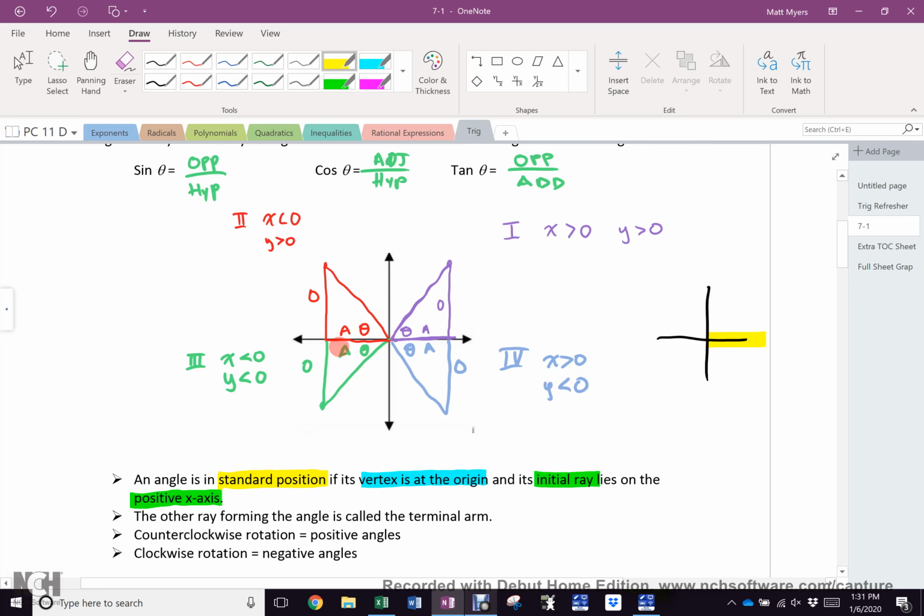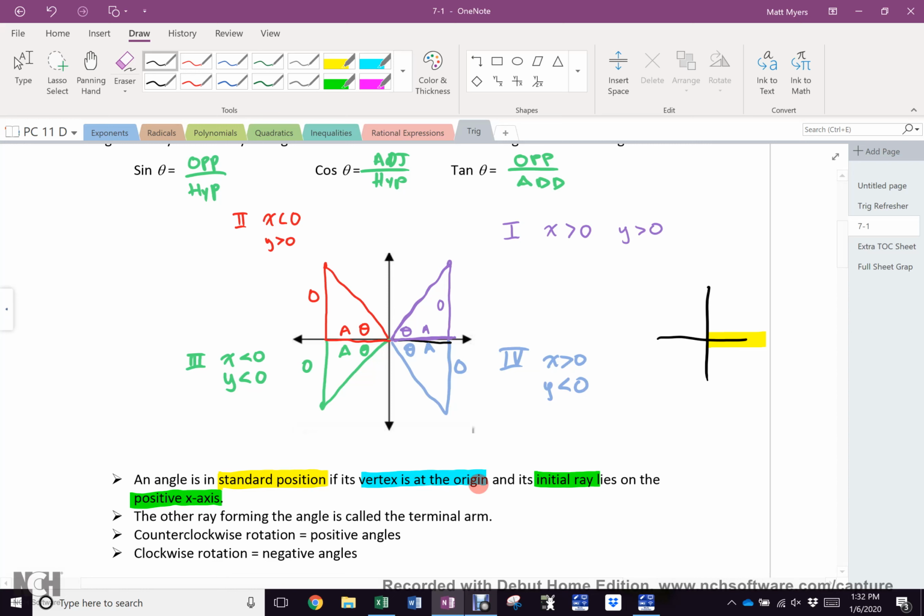So which of those three angles is the only one right now in standard position? Purple theta, red theta, green theta, or blue theta? Just purple. That is the only one in standard position because it starts on the positive x-axis and it has its corner at 0, 0. Is everybody cool? Everyone is good?